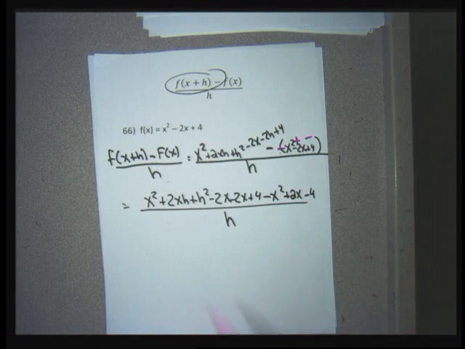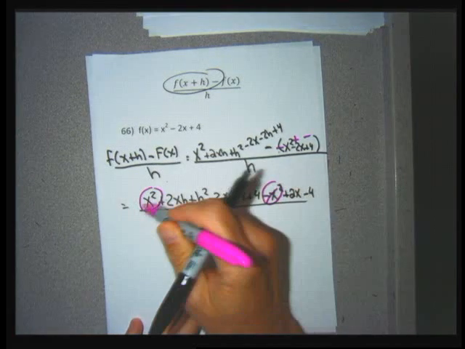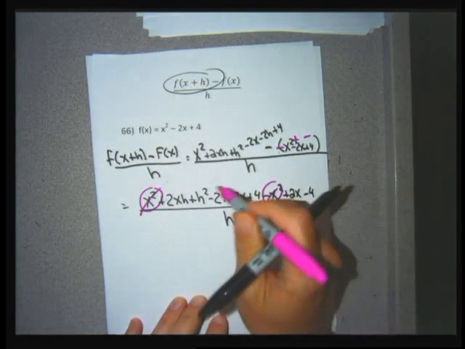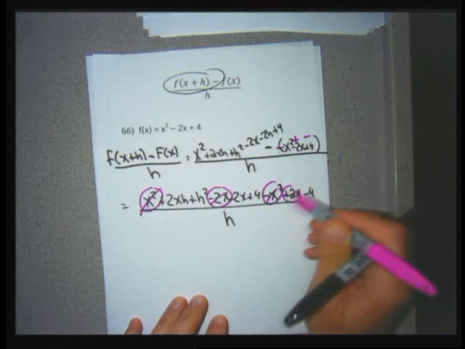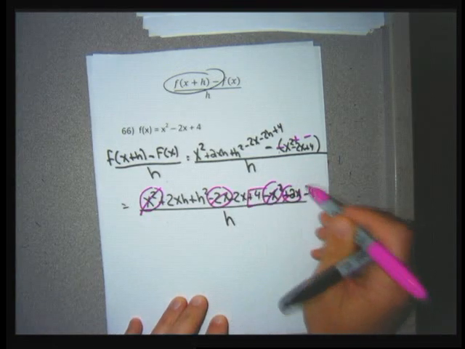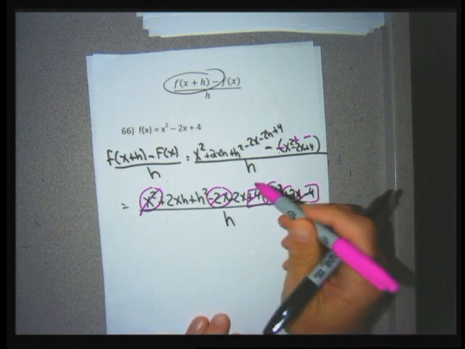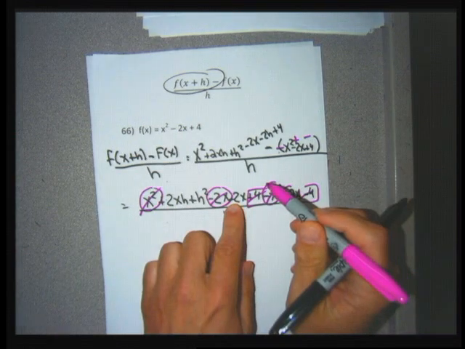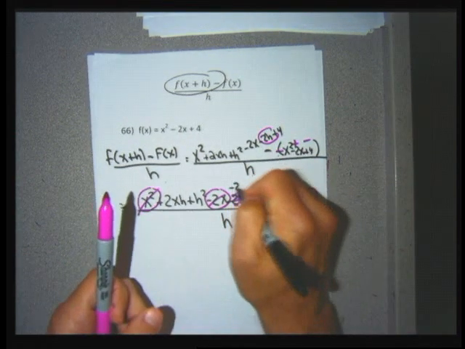If it doesn't, I've made a mistake. So I see a positive and a negative x squared, which are going to cancel. A minus 2x and a positive 2x, which are going to cancel. A positive 4 and a minus 4, which are going to cancel. Forgot to write this is supposed to be 2h right here. When I wrote this down, that's supposed to be minus 2h.